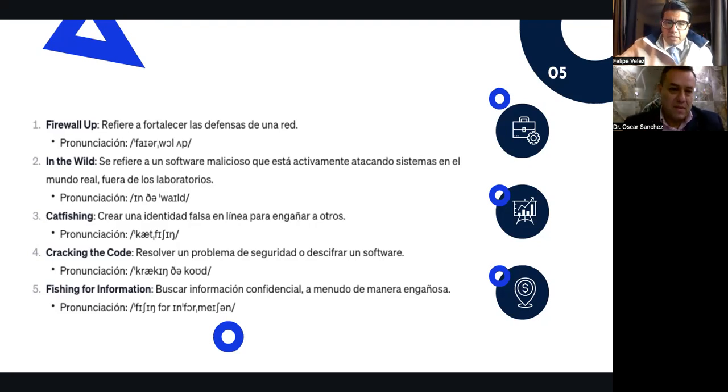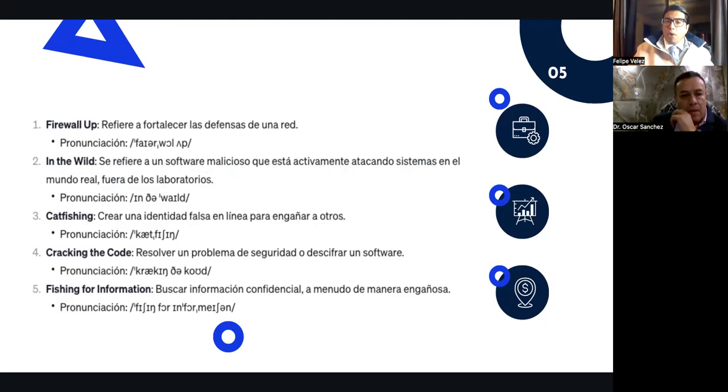Then we say in the wild. In the wild means that there is a malicious software that is actively attacking systems in the real world. It means out of the labs. Remember that in cybersecurity, we have digital labs and then we have things that are actually happening. So when we have a malware that is actively doing something outside, then we say it's in the wild.